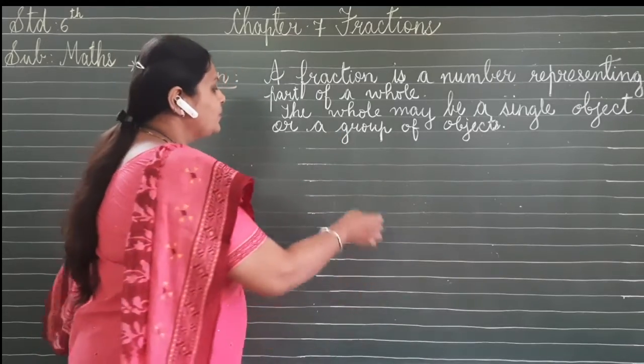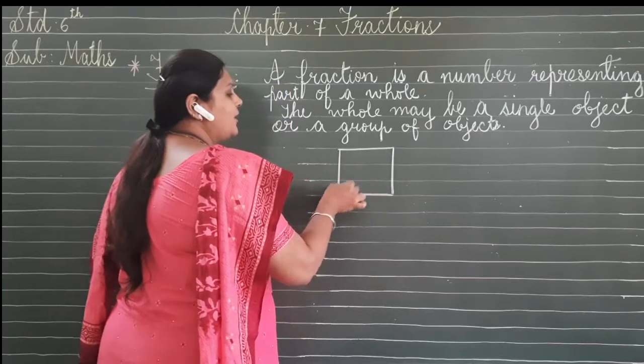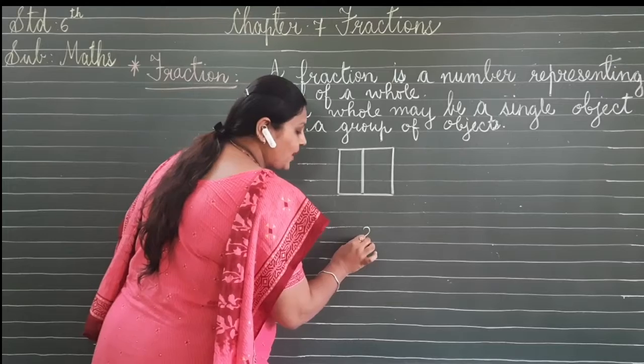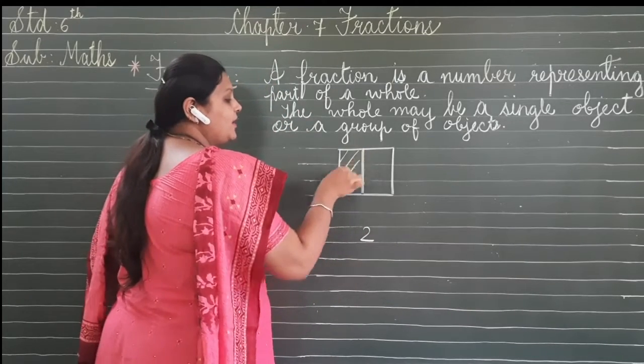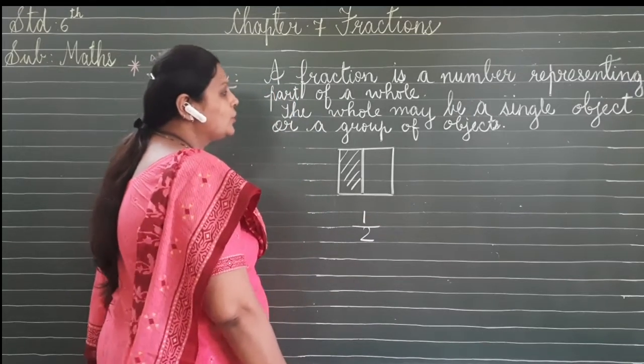For example, if I draw one figure, say square, I am dividing square into two parts. So total number of parts is 2. Now out of 2, one part I will share. So it will be 1 upon 2.